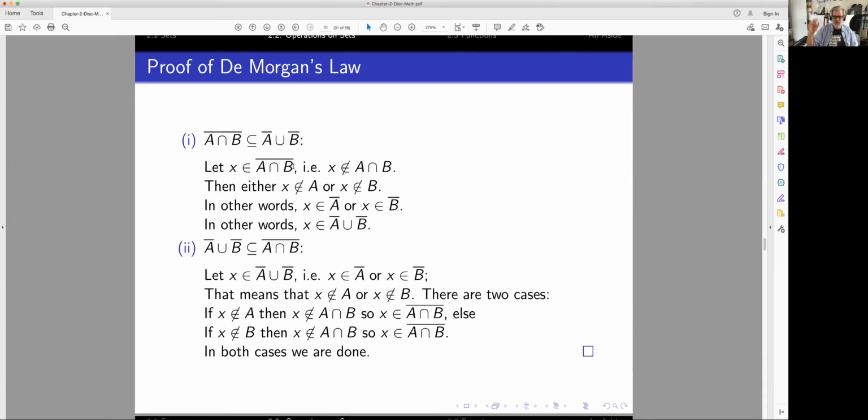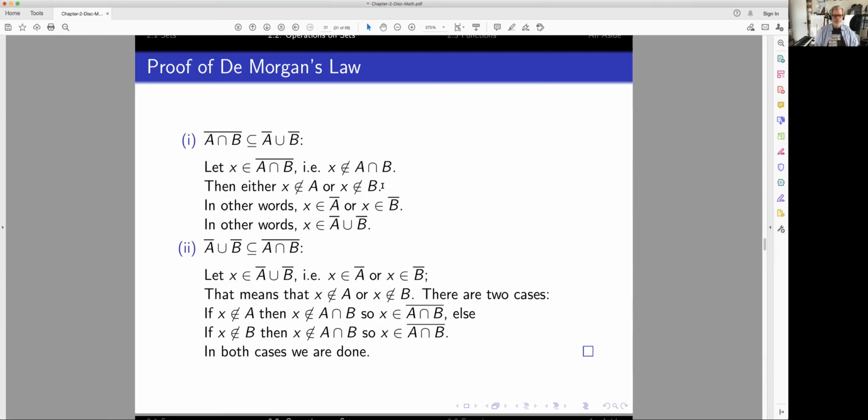Everything's in the universal set, we just forget about it. So x is in the complement of the intersection means it is not in the intersection. What does that mean? All I'm doing is applying definitions here. There is zero creativity here. I'm just following the rules one after another.